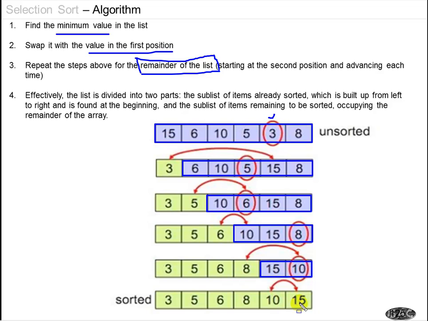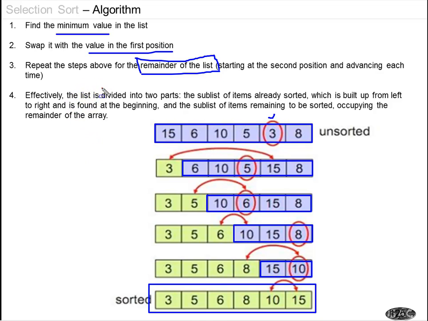Now an array with a single element is always a sorted array. So there is nothing to sort, and then finally you have sorted the array. Okay. So this is the algorithm for selection sort. And this is what it says.